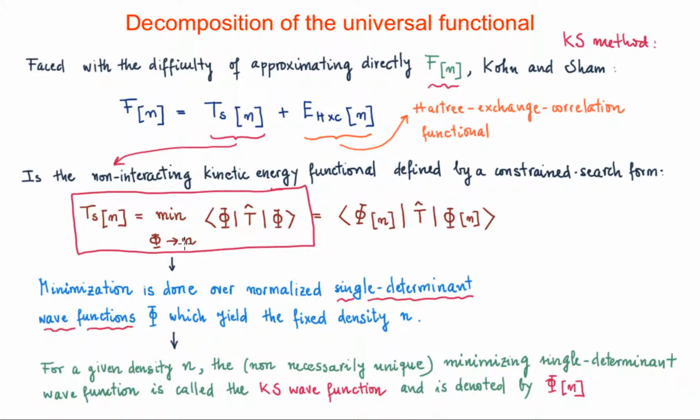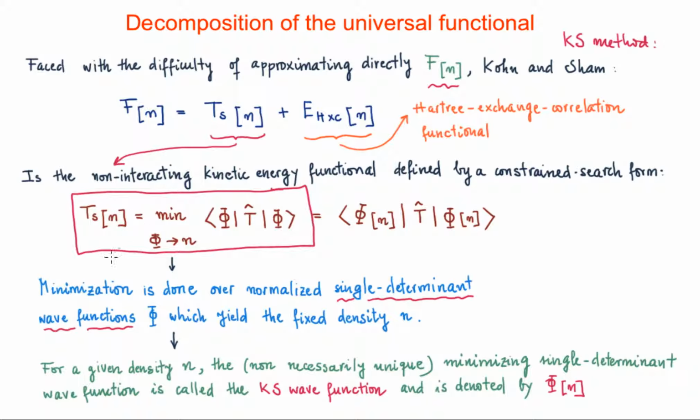For a fixed electronic density, you minimize the kinetic energy of that non-interacting system, where the wave functions you have are different Slater determinants. So you minimize the kinetic energy for different Slater determinants that have that electronic density n. If you minimize that, you get that functional.